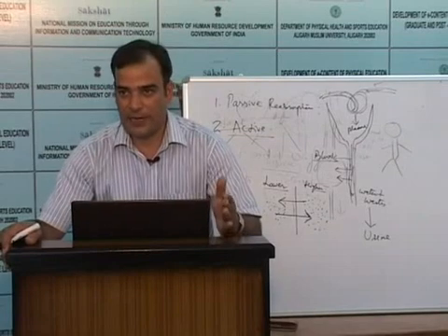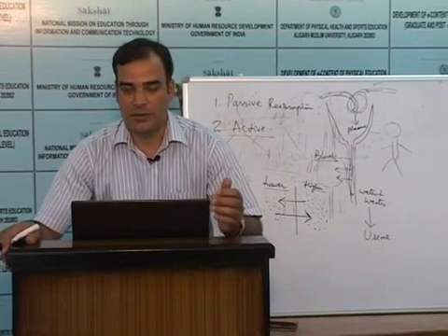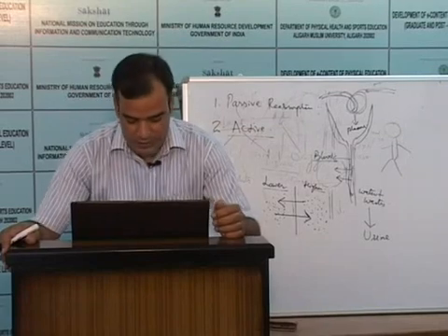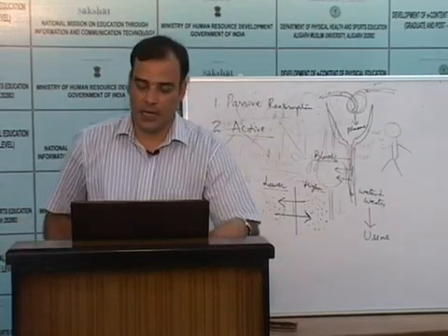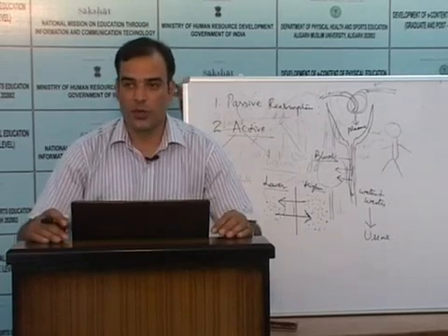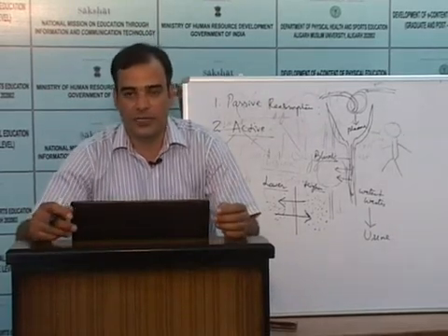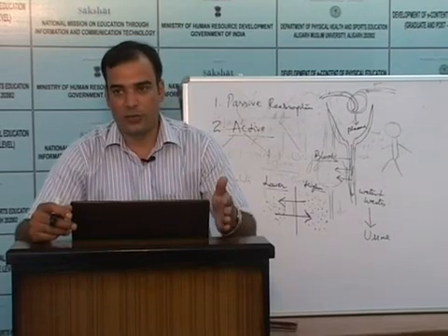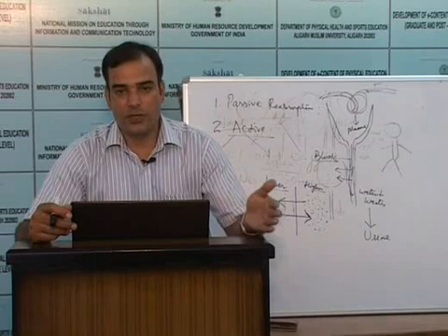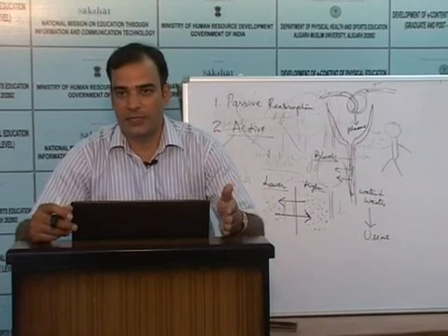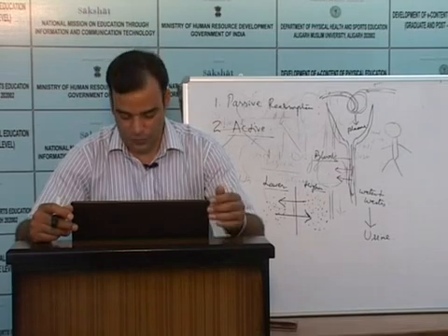In fact, 88% of the filtrate is reabsorbed in the proximal convoluted tubule. The substances that are reabsorbed are glucose, amino acids, sodium, potassium, calcium and water. So these are substances that are mostly reabsorbed in the first portion of the tubular portion, that is the proximal convoluted tubule.